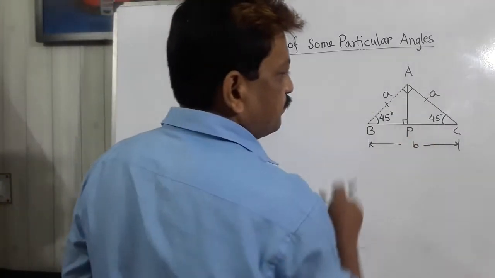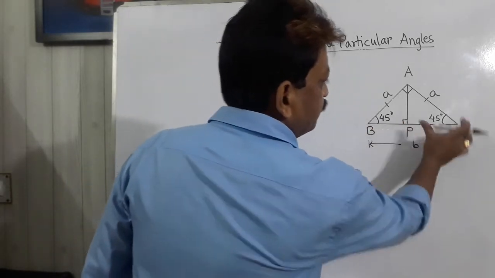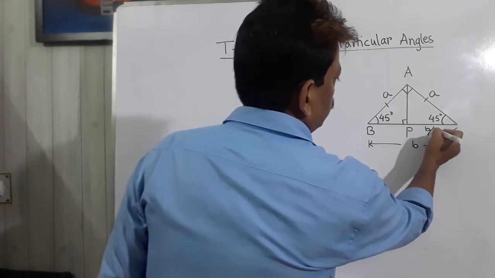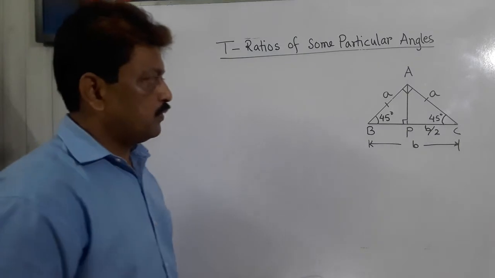The base BC is bisected. Therefore BP and PC are equal, so each is equal to B by 2. Understood?